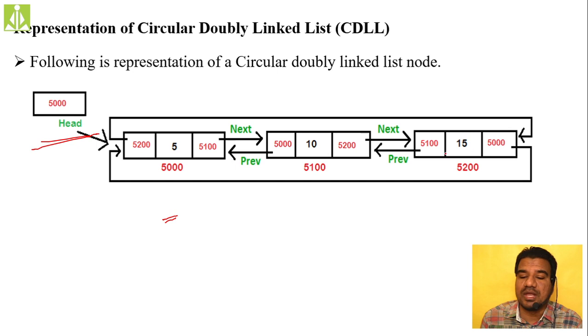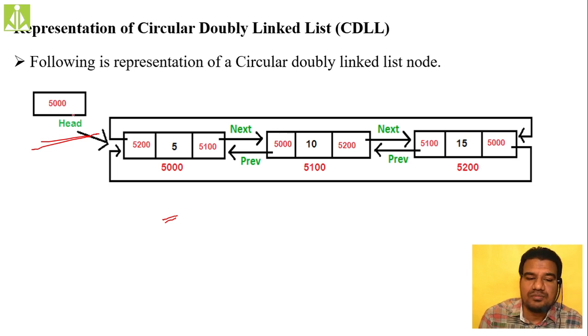The same applies to the last node: the last node's next pointer is pointing to the first node, and the first node's previous pointer is pointing to the last node. So in this way we have all the links in our circular doubly linked list, and the head pointer is pointing to the head node.